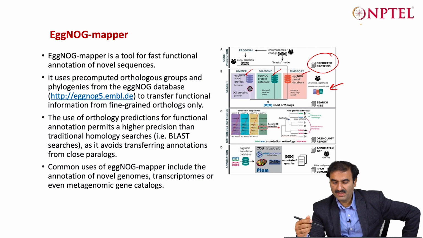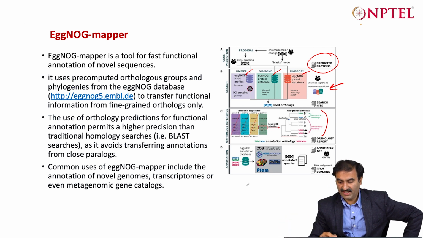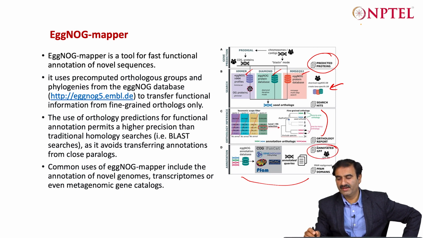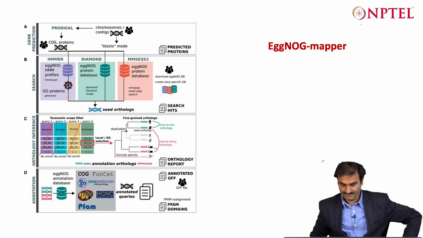Then it will calculate the orthology of the protein using the pre-classified orthology information it has, and then do the function annotation against the KEGG or functional categories or PFAM or eggNOG. So it is very comprehensive, and it will provide you the annotated protein names, further information and the PFAM domains also.